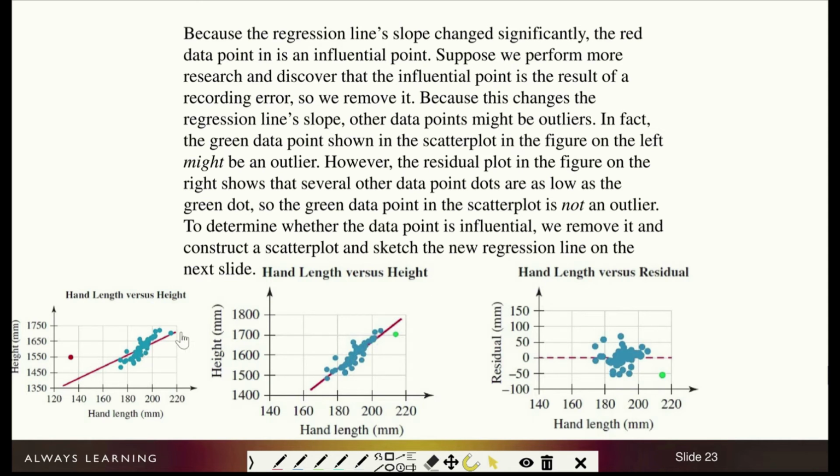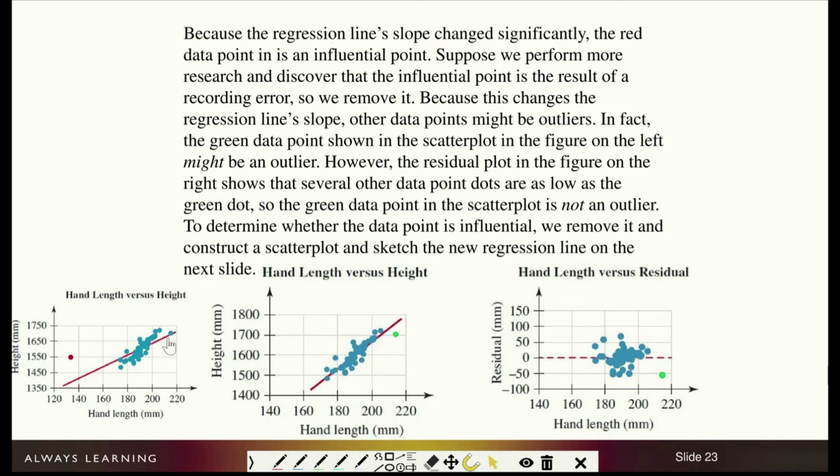Notice the linear regression model changed quite a bit. This is the original linear regression model with this data point left in the set, and this is the new regression line computed by something like StatCrunch for the set of data minus that point, right?